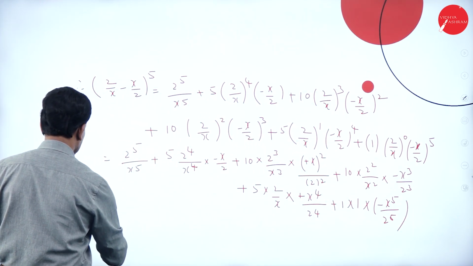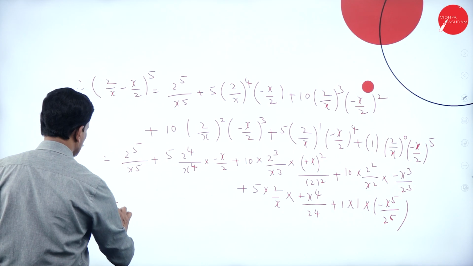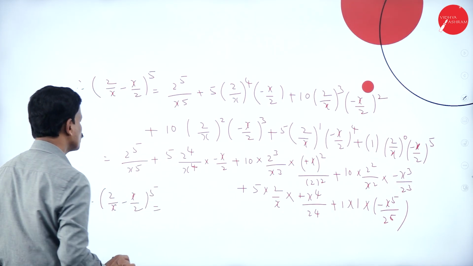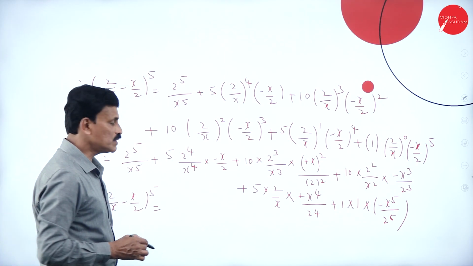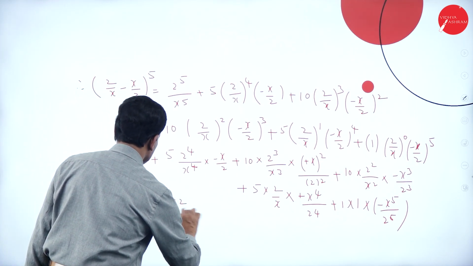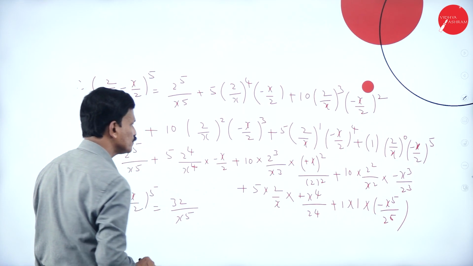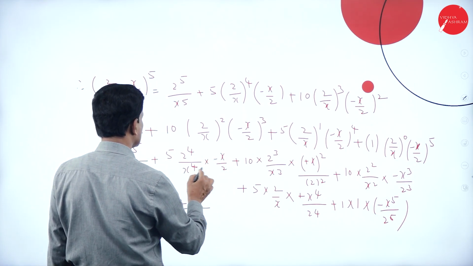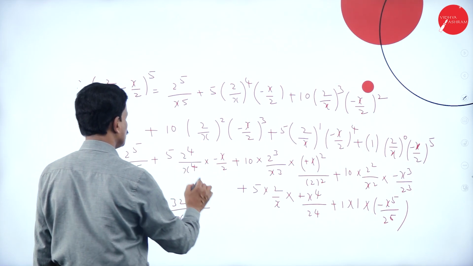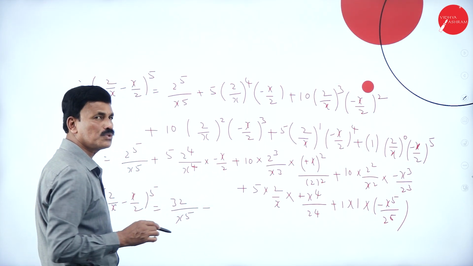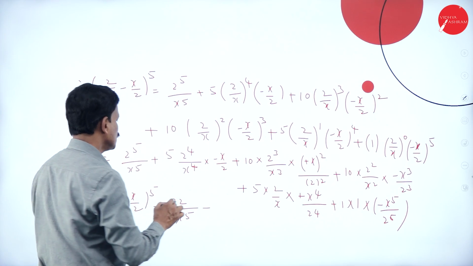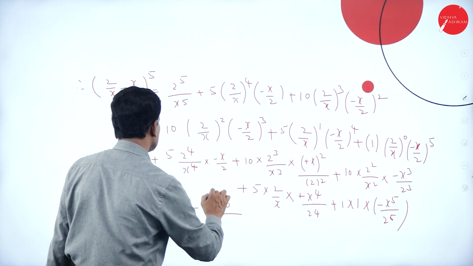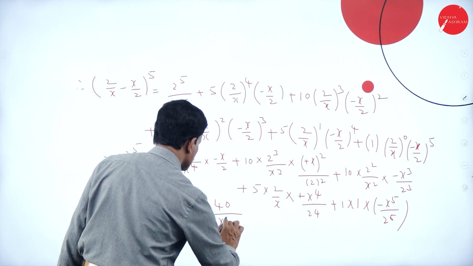So, therefore, the simplified answer: 2 by x minus x by 2 whole to the power of 5 is equal to 2 to the power of 5, that is 32, divided by x raised to 5. Again this is minus: x and x get cancelled, 2 gets cancelled, 5 into 2 cube, 2 2s are 4, 4 2s are 8, 8 into 5 is minus 40 divided by x cube.